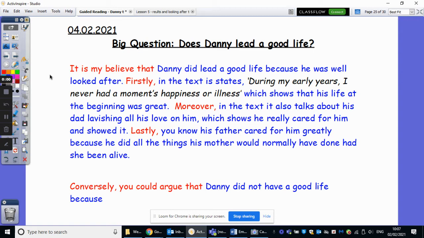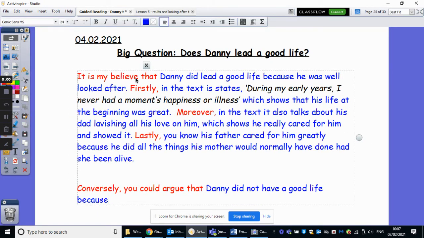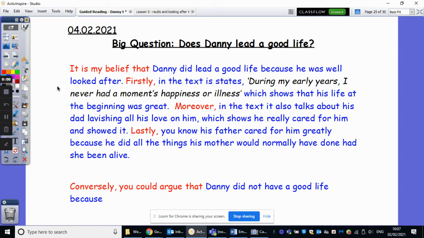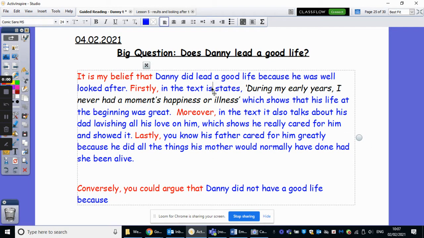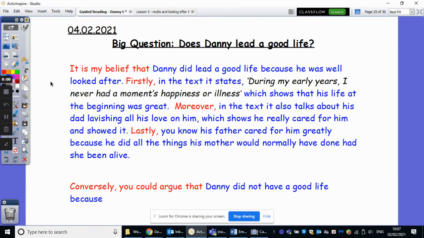It is my belief. My apologies, a mistake straight off the bat. It is my belief that Danny did lead a good life because he was well looked after. Firstly, in the text, it states, "My word, Mr. Parker.